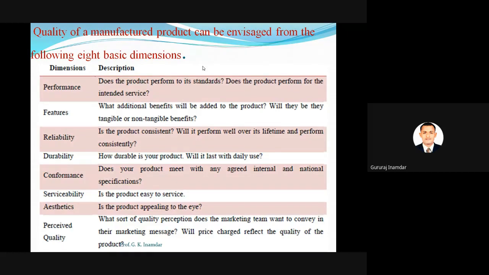Okay, so that will not be reliable. Okay, so if the product is consistent, whatever the product feature is there, that feature should be followed consistently. Is it right? Suppose we will take one example of solar panel. Okay, whether solar panel is reliable, anyone?